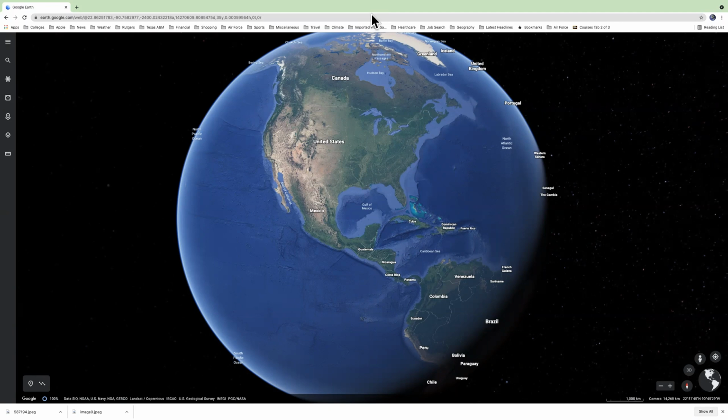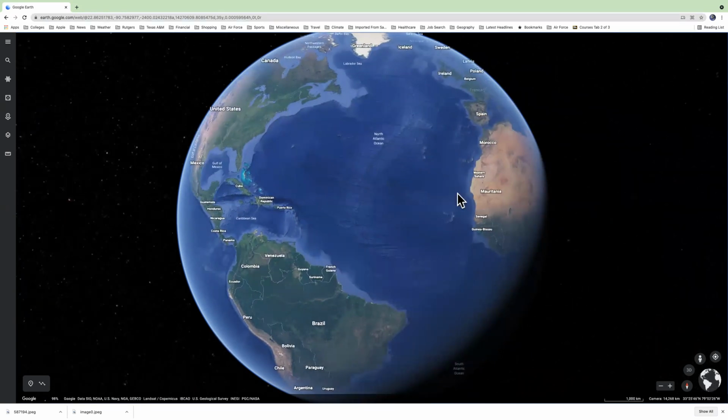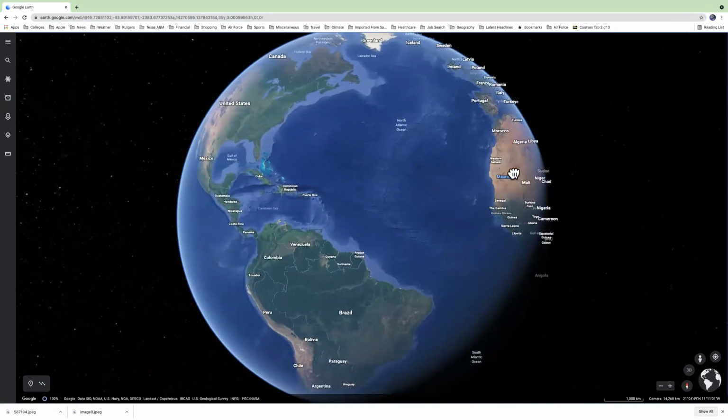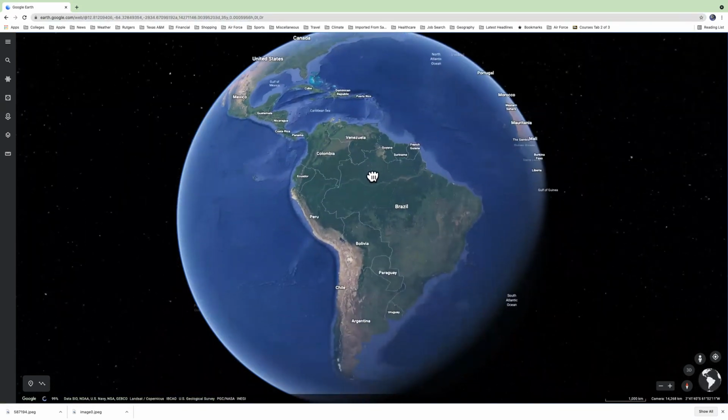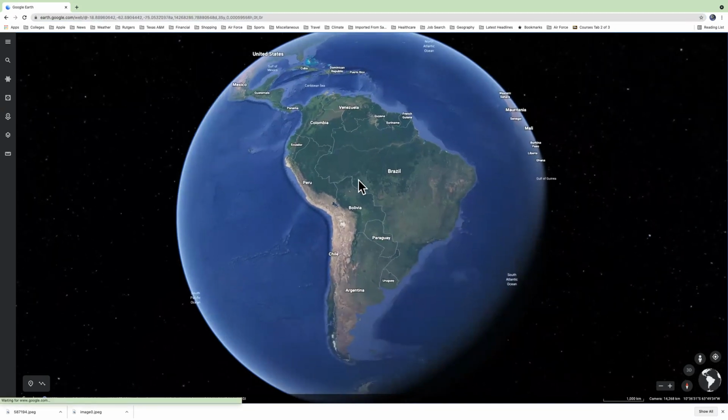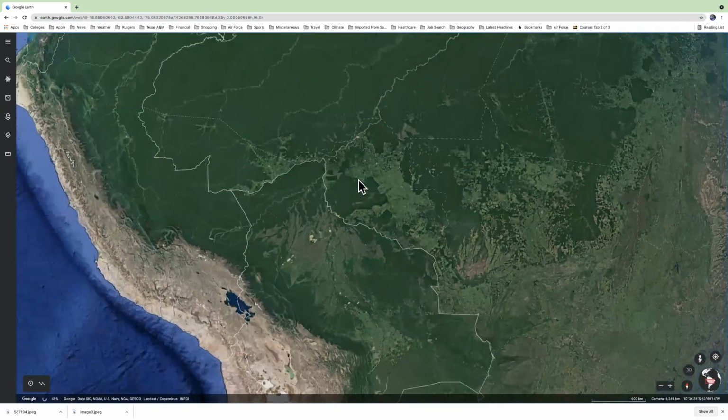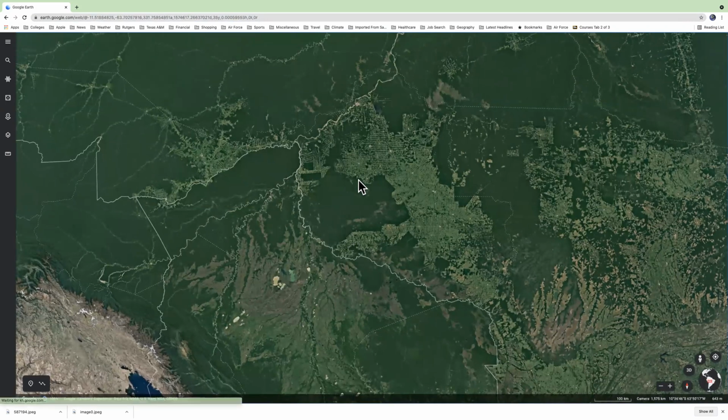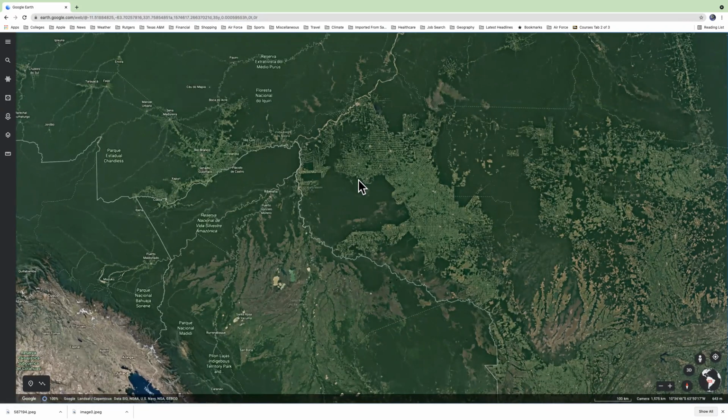So Google Earth is a way of looking at the Earth as it is meant to be seen. So looking at it as a sphere. You can see a lot of physical geography features, like, for example, or human features. So here's a landscape. Here's the state of Rondonia in Brazil.